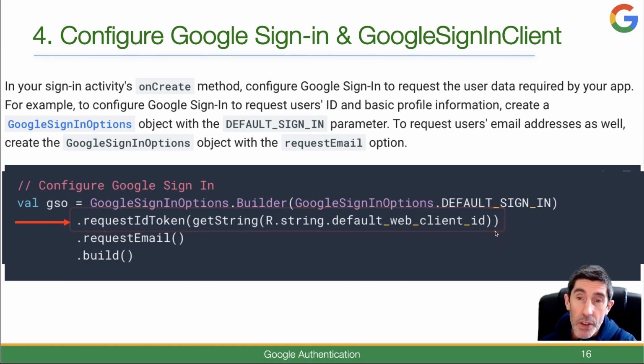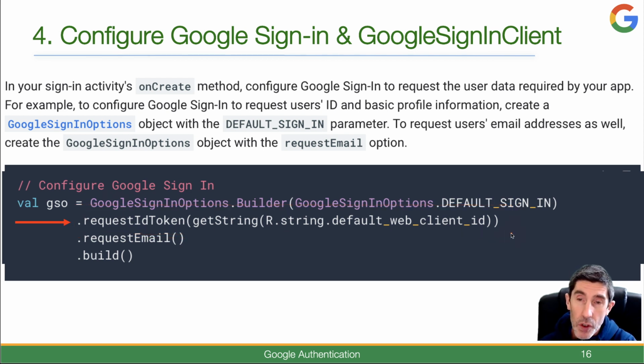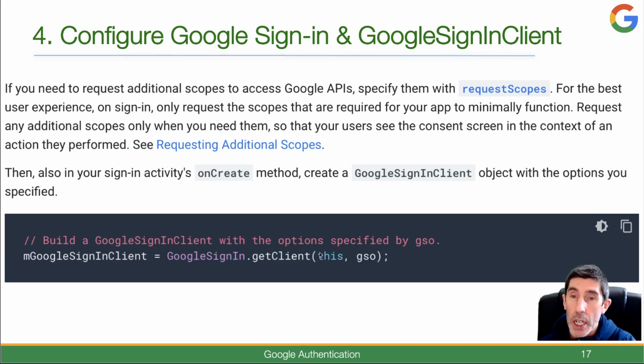So if you had a Node server or some other kind of web backend, you would still be using this requestIdToken to authenticate against that server. For us here, because it's Firebase, it's all done nicely and seamlessly for us. There's a little bit of extra work you would have to do to authenticate against a separate backend, but it's definitely doable.